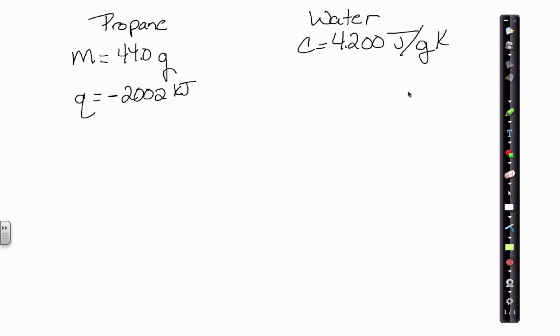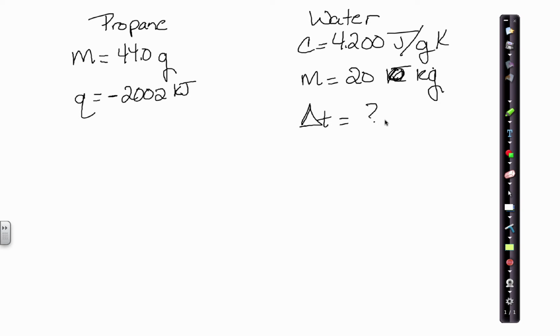All right, be very careful about your units here. It also tells me the mass of the water is 20 kilograms. Oh, not kilojoules, kilograms. And it's asking for the change in temperature. So it wants to know how much the temperature will change by.